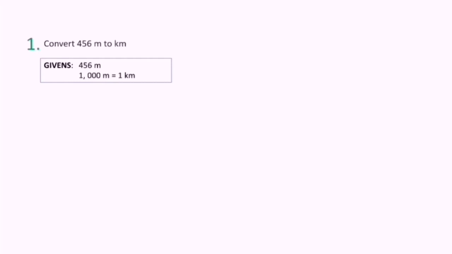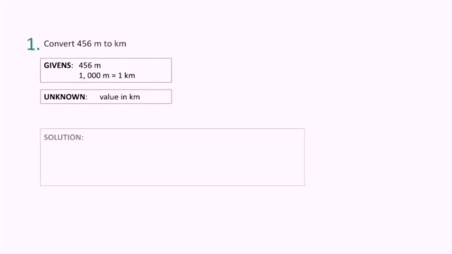So those are givens, 456 meters and 1,000 meters is equal to 1 kilometer. So these two must be present in all of your conversion endeavors, okay? Wag na wag yung hahayaan na basta lang kayo merong given tapos wala kayong table of equivalence, or meron kayong table of equivalence na hindi naman tugma sa hinihingi ng given ninyo. So what's the unknown? The value in kilometers.